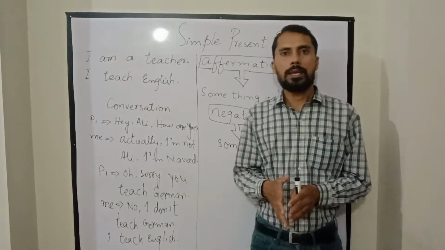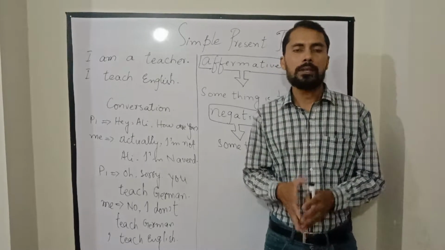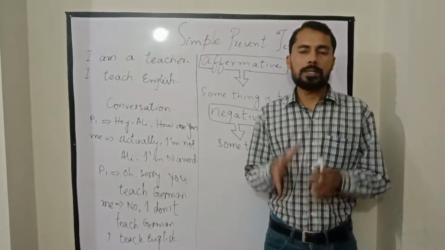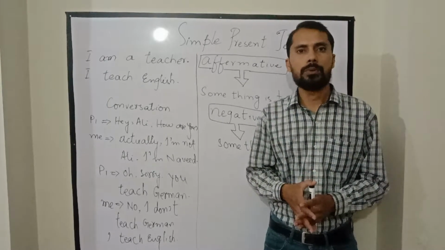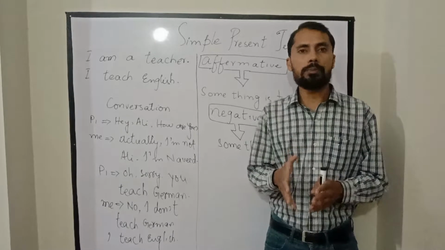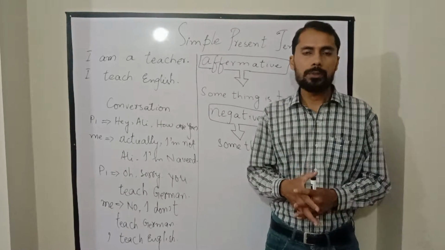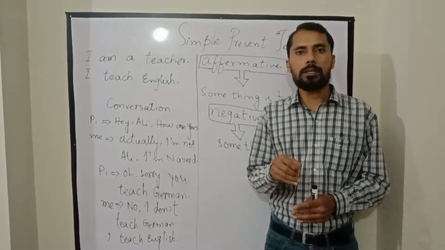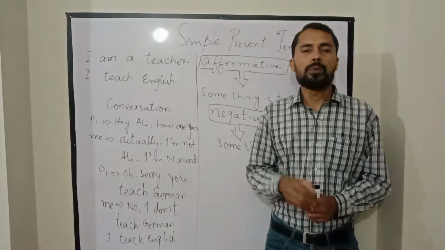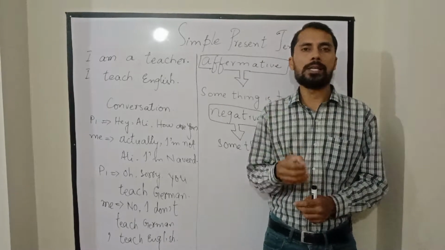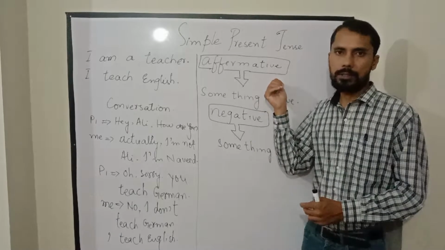This is an English class. So this statement is also true. We are talking about something that is true. So when we talk about something which is true, we call it affirmative sentences.